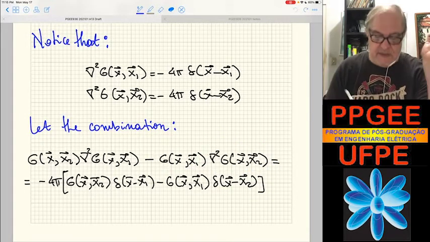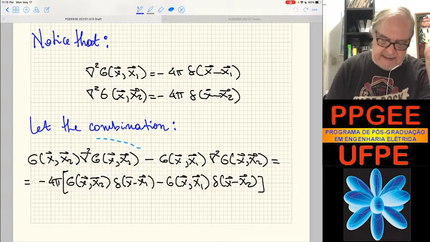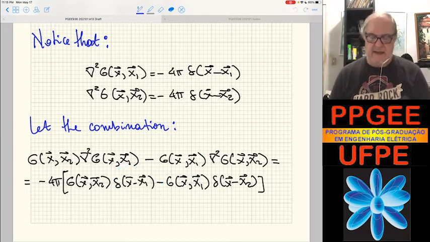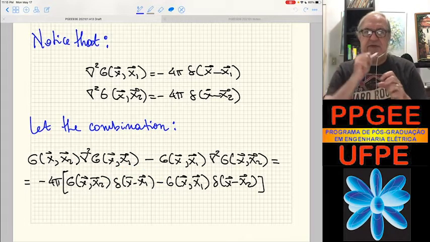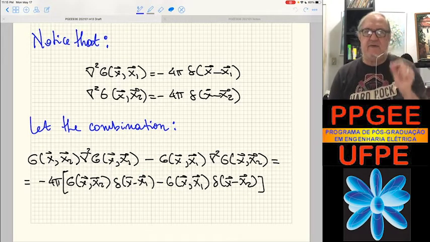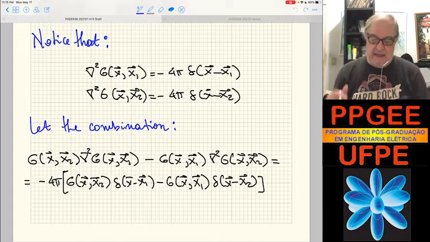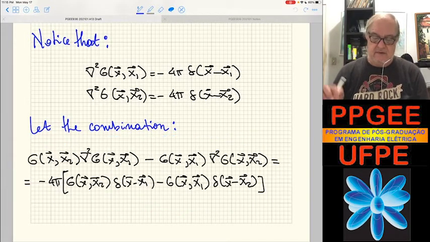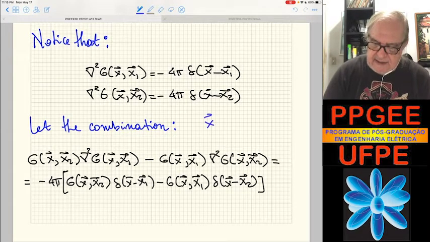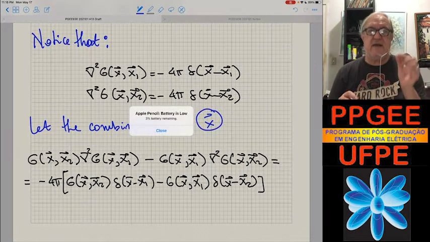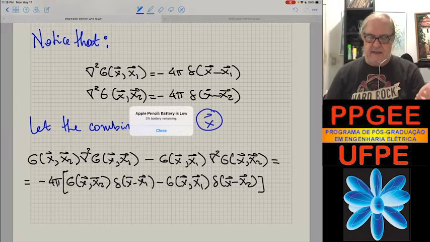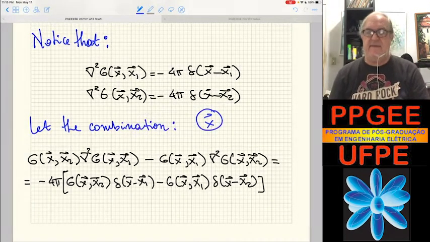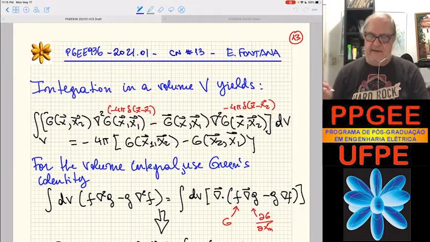So why do we do the Laplacian? Well, because the Laplacian of the Green's function is given by minus 4 pi times the delta function. And when I integrate in a volume, the delta function just picks up the function at the singularity point, right? So let's integrate in a volume. In what variable? Well, the integration variable is x. x1 and x2 are fixed vectors.